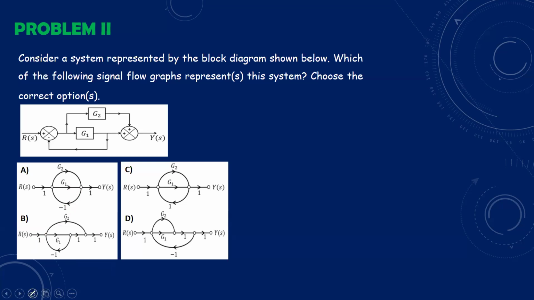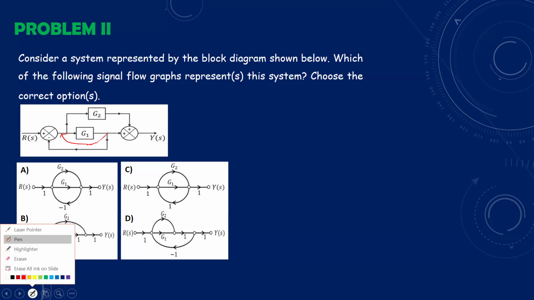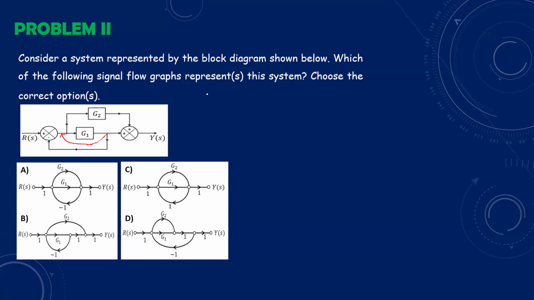For that, I am going to move the takeoff point before this block. Then only we can reduce easily. If we move the takeoff point before the block, the respective gain should be added. So for that, I am drawing the block diagram.